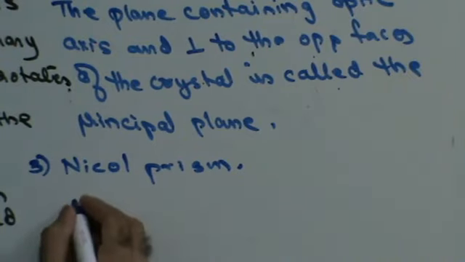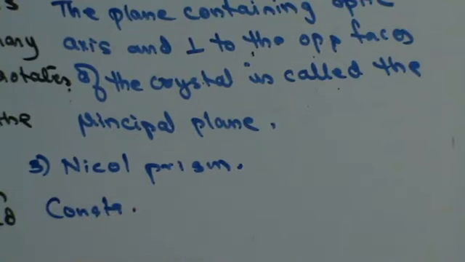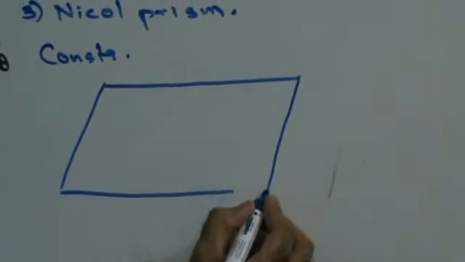Now, so construction, let's see the construction of Nicol prism. Now let's see the front view of this. Same calcite crystal only is taken.